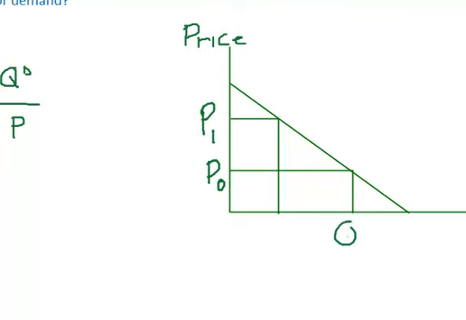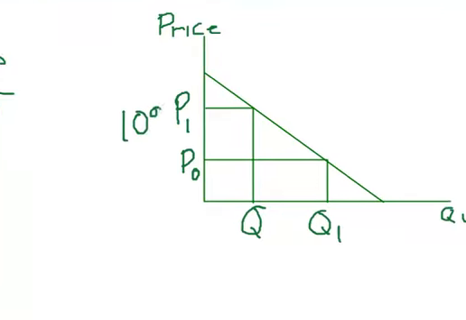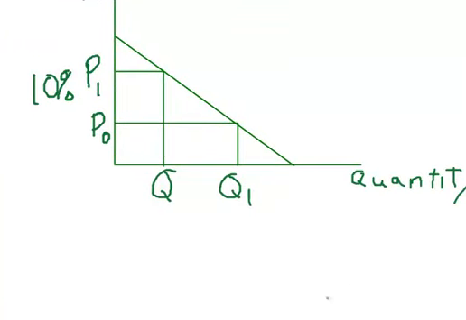Here's my original quantity and my new quantity. So notice in this case, if the price of women's clothing increased by 10%, so over here, I have a 10% increase in price, and I'm assuming people bought 12% less.